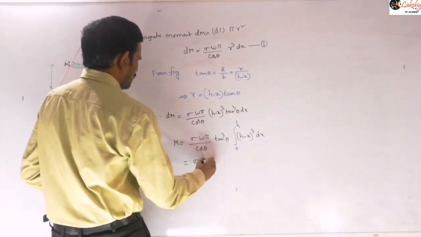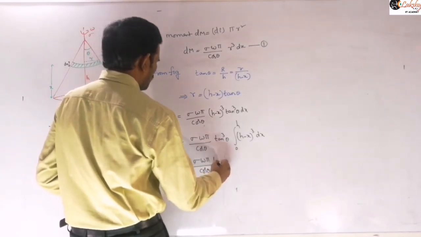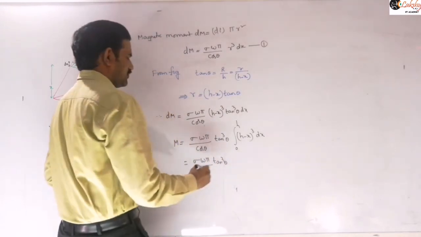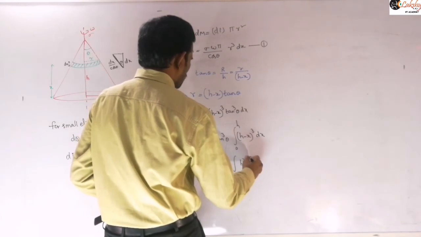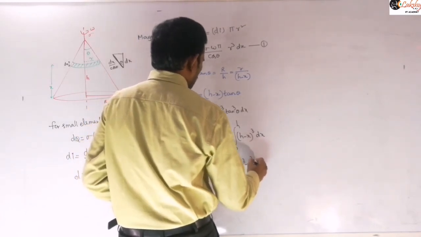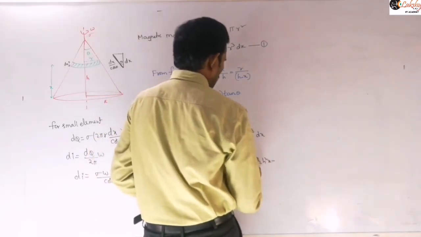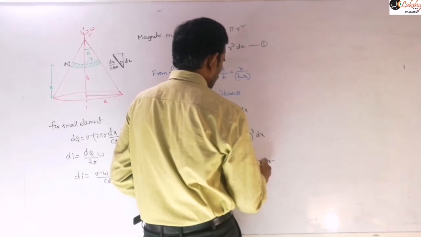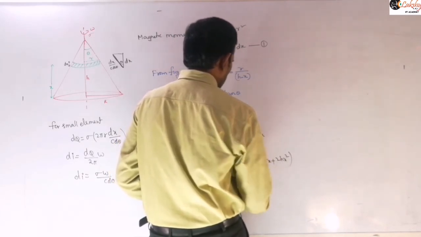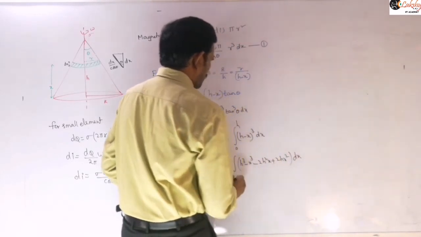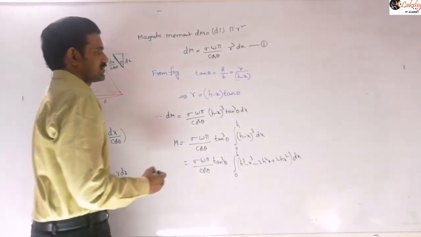Then this is sigma omega pi by cos theta into tan cube theta into the integral of h cube minus 2h square x, sorry, h cube minus 3h square x plus 3h x square minus x cube into dx, from 0 to h. And then do the integration of this, then you can simplify that expression there.